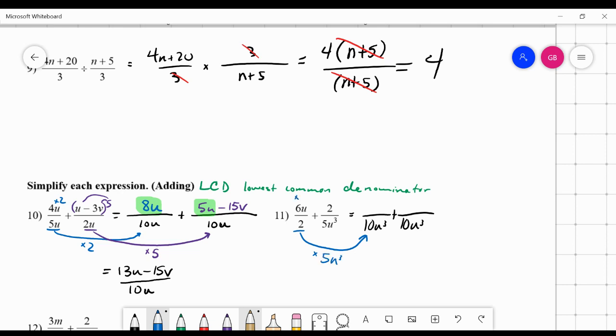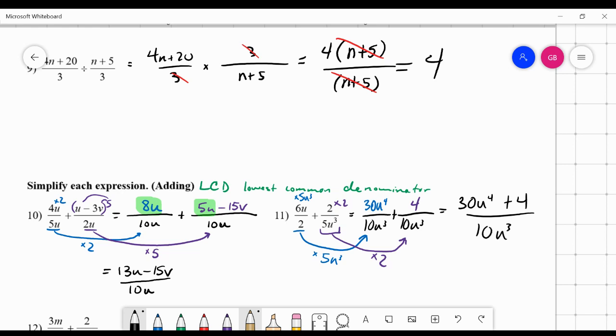So 6u times 5u to the third power is 30u to the fourth power. To get from 5u to the third power to 10u to the third power, you multiply by 2. So 2 times 2 is 4. Okay, so now you have 30u to the fourth power plus 4 over 10u to the third power. That's it.